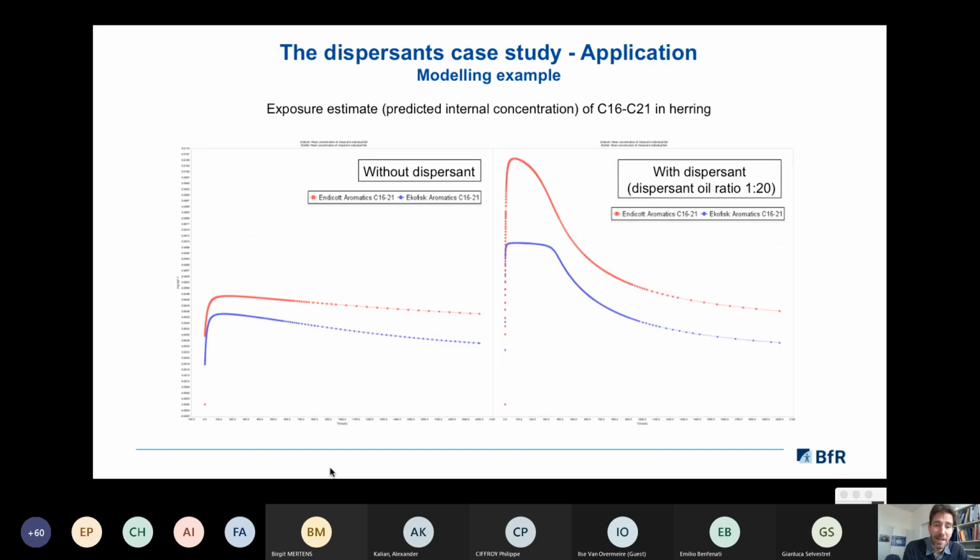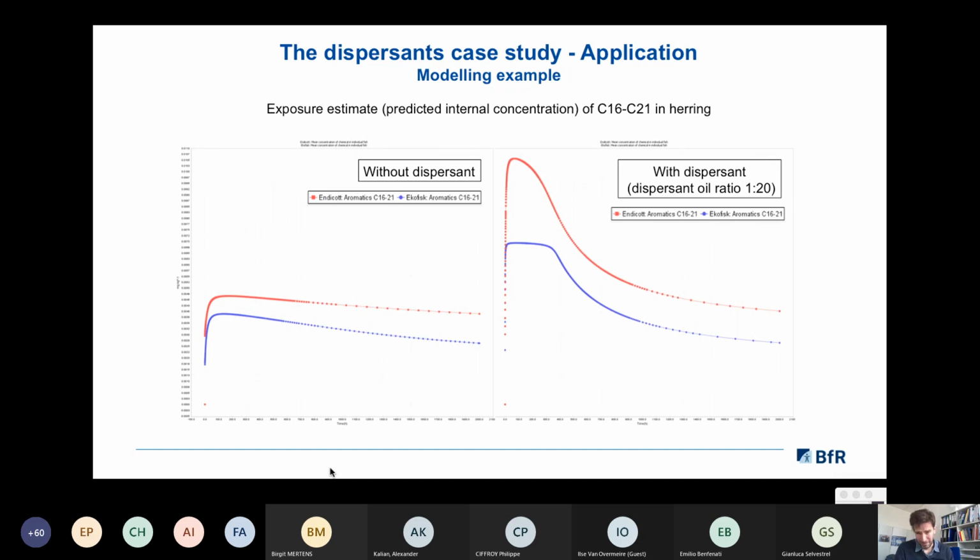And then if you look at the exposure inside the organism, in this case a herring, you also see that the exposure of the fish will be higher in the dispersant case, but it's only for a period of time, and then it will go more or less to similar concentrations as if you had no dispersant.